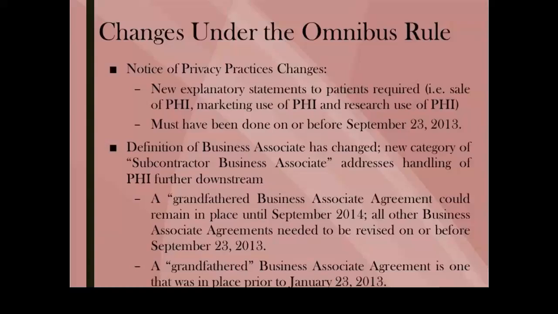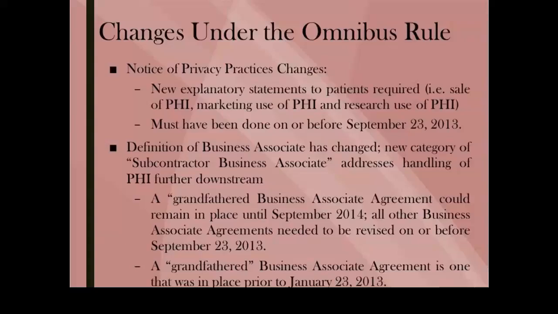Grandfathered business associate agreements could remain in place until September 2014. All other business associate agreements needed to be revised on or before that magic date, September 23rd of 2013. Any grandfathered business associate agreement is one that was in place prior to January of 2013. I go through all of this because I have had people say to me, oh, but mine's grandfathered, so I don't have to replace it.